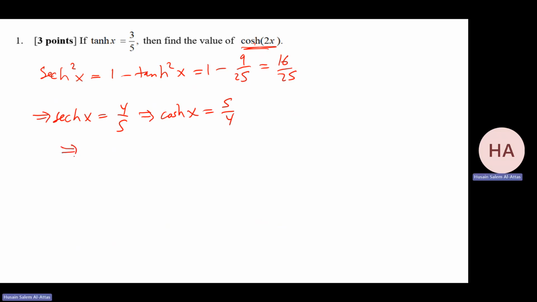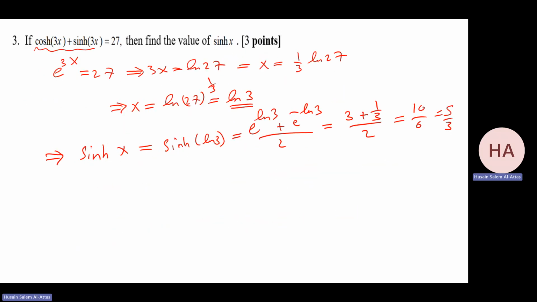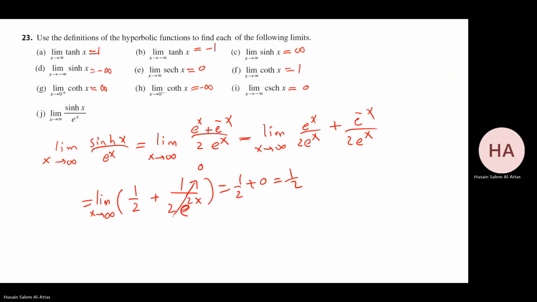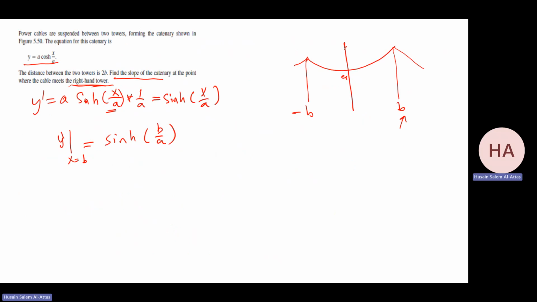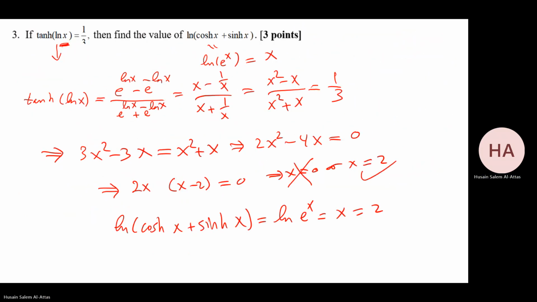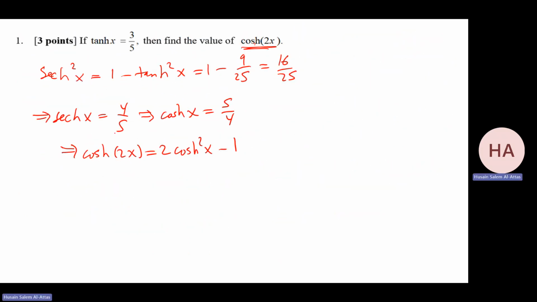Okay. That means cosine hyperbolic of 2x, which is 2 cosine hyperbolic squared minus 1. Yeah, this one. I plug the numbers and I get the answer. Notice here I took only the positive value, because the negative cannot be for secant hyperbolic.